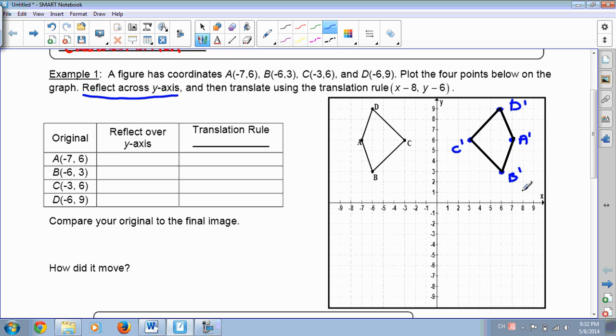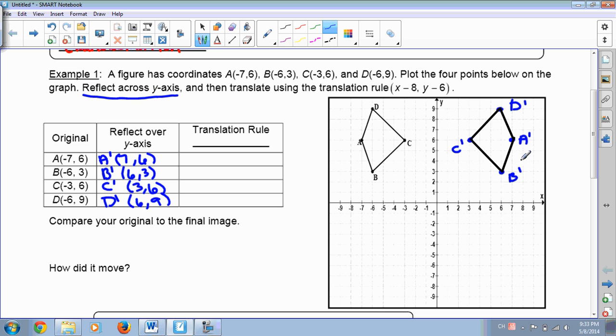So A is now at positive 7, 6. That's A prime now. B prime is at 6, 3. C prime is at 3, 6. And D prime is at 6, 9.